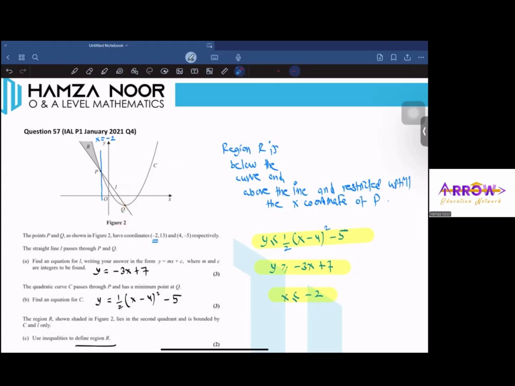Okay. But whatever feels simpler, efficient, quick, that is the best way. So the best way is to use the x coordinate of P over here. So in this way, we have defined the region R.